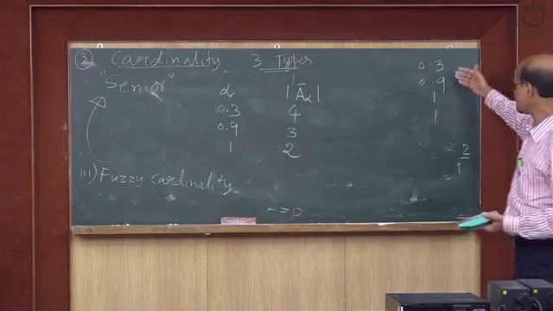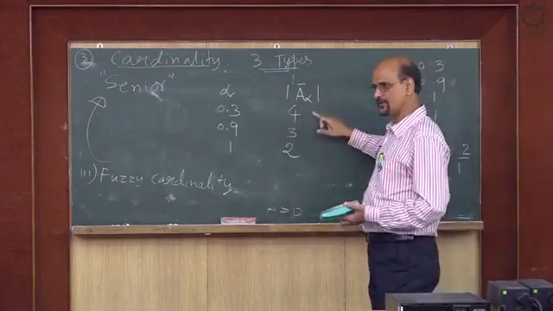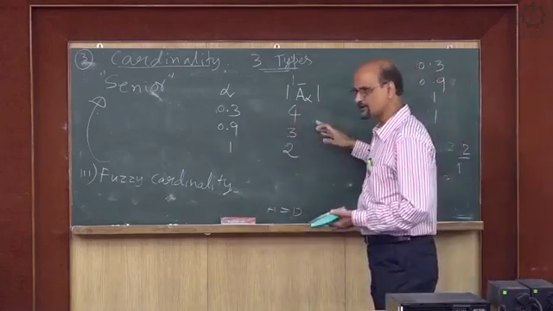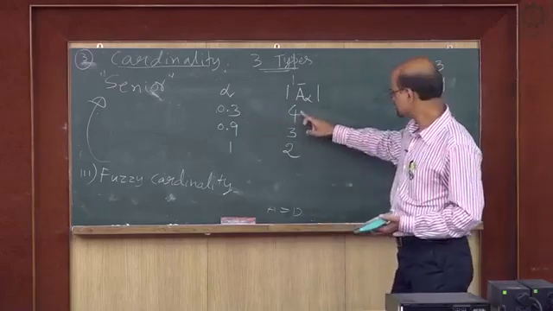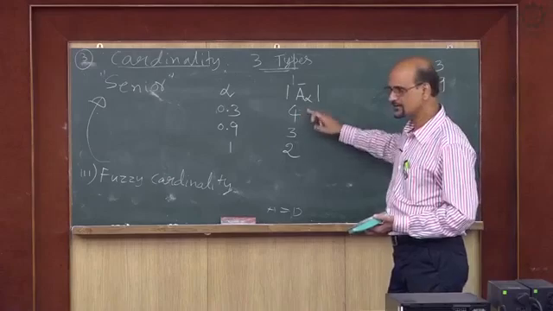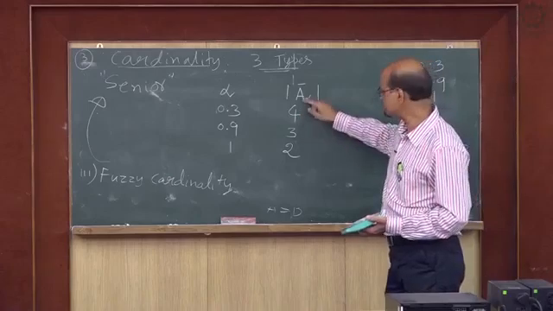Whatever, again you see for 0.2 how many are there, 0.3 how many are there. So here only 3 elements, and corresponding to this 3, these are the crisp cardinality of these sets.